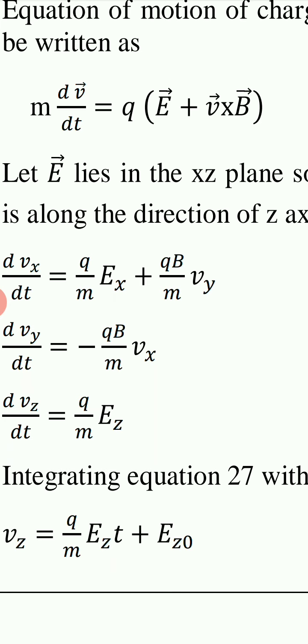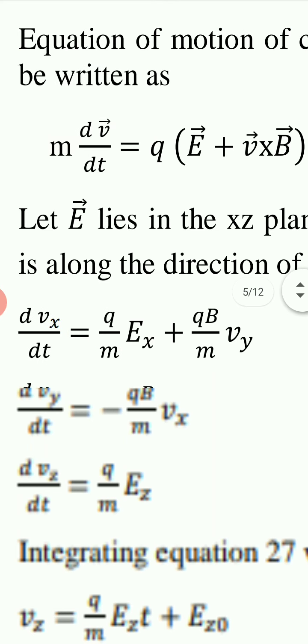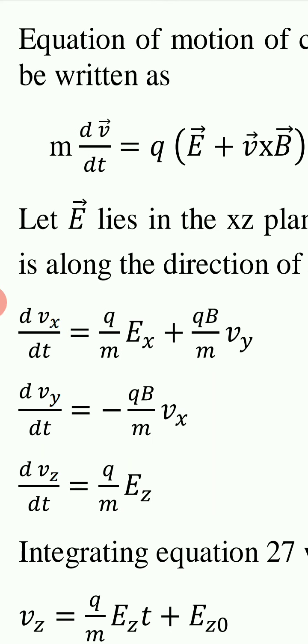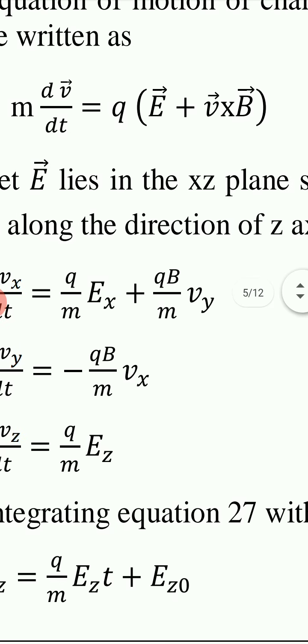The first one is qE, due to the electric field E, and the second is qv cross B, due to the magnetic field B. So when both constant electric field E and constant magnetic field B are applied to a charged particle of charge q, its equation of motion can be written by this equation.